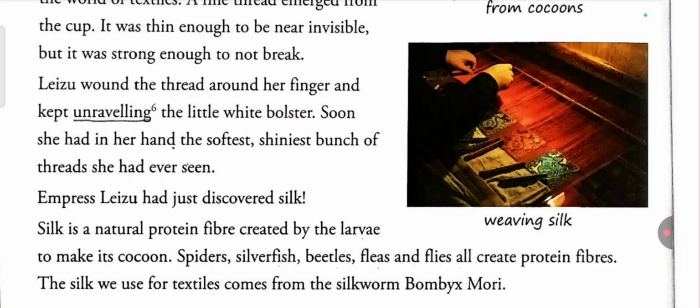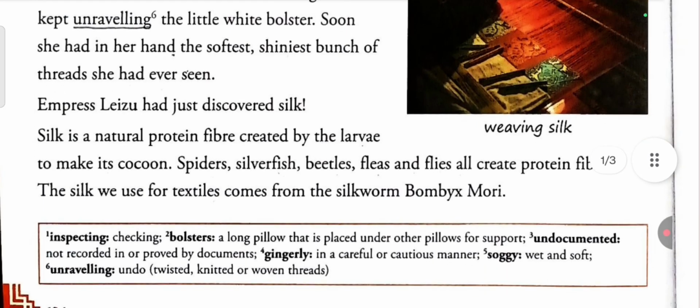She had never seen a thread like this. So she had the softest and strongest thread in the world. Empress Lizu had just discovered silk. So she discovered silk thread that day.